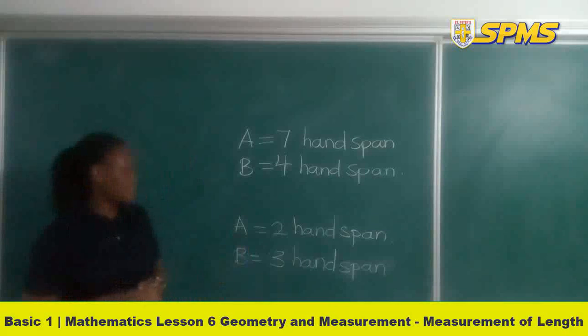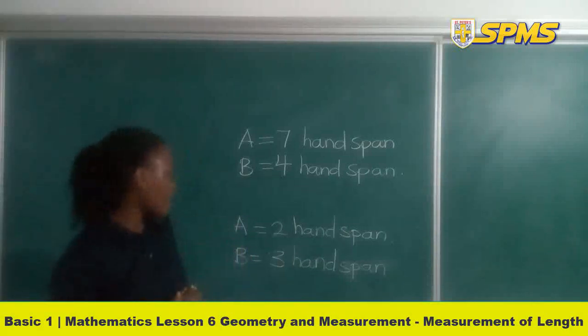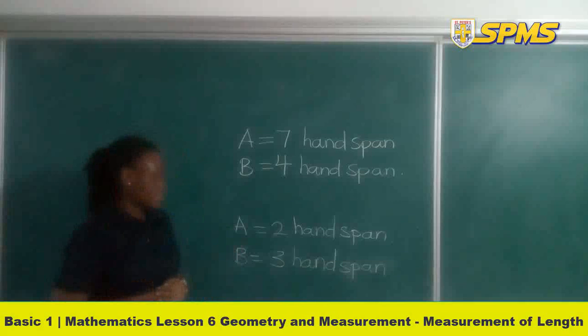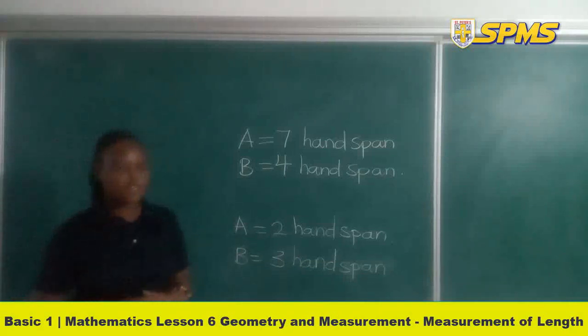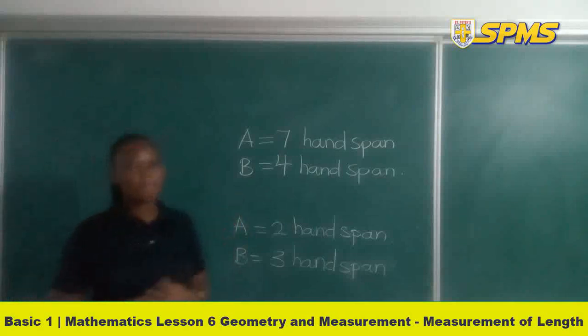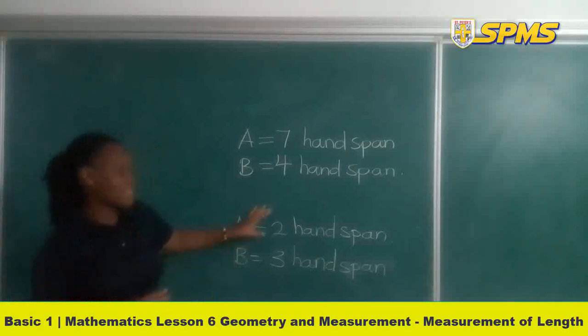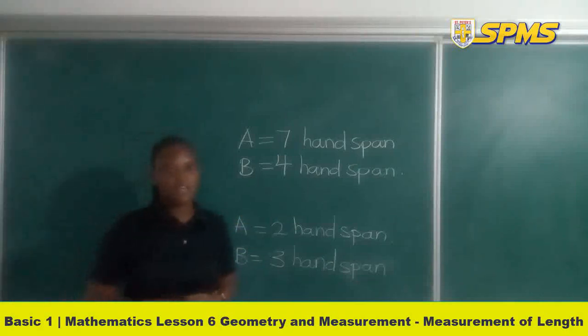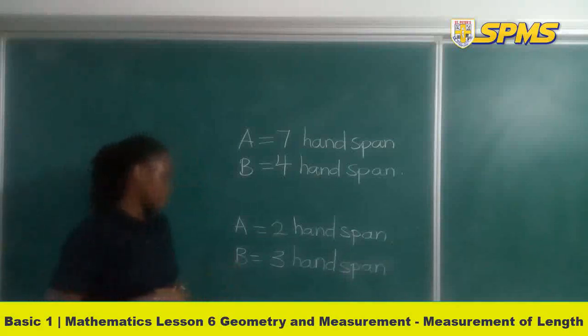Comparing these two measurements, which object is shorter than the other? Very good. So object A is shorter than object B. This is because object A had a shorter hand span than object B.